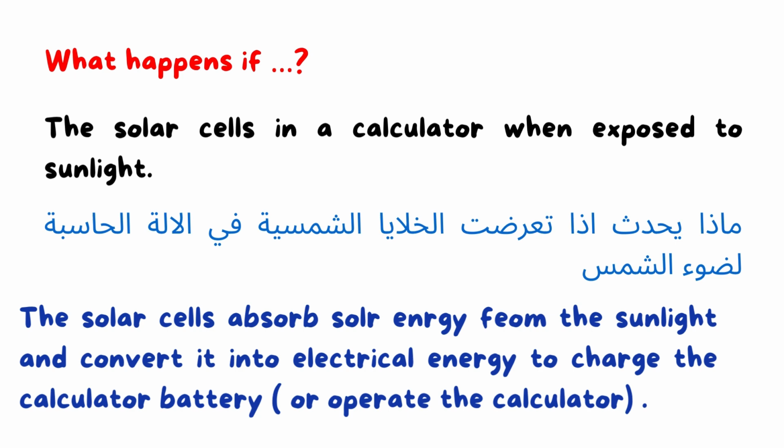Okay, here we have another what happens if question. The solar cells in a calculator when exposed to sunlight. We know that some calculators have solar cells. When these solar cells of these calculators are exposed to the sunlight, what will happen?